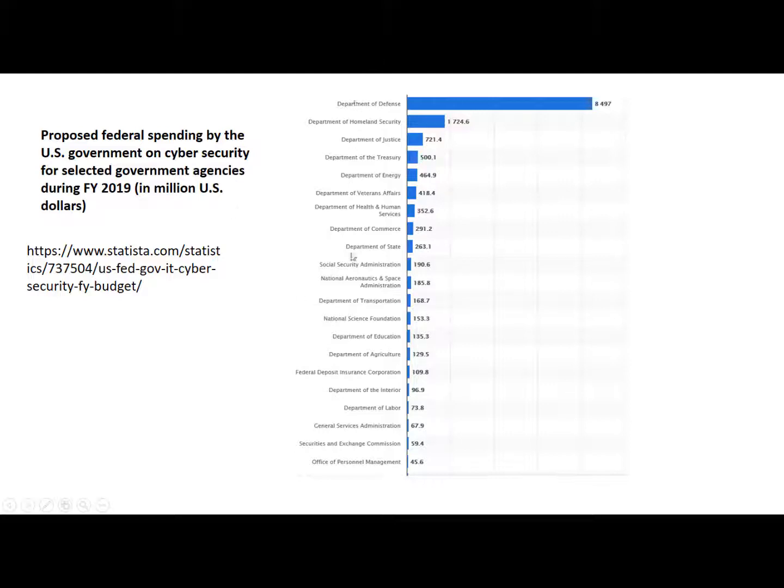If you see here, the proposed spend for the Department of Defense is $8,497 million. For Homeland Security it's also very big. For the Department of Justice it's $721.4 million.